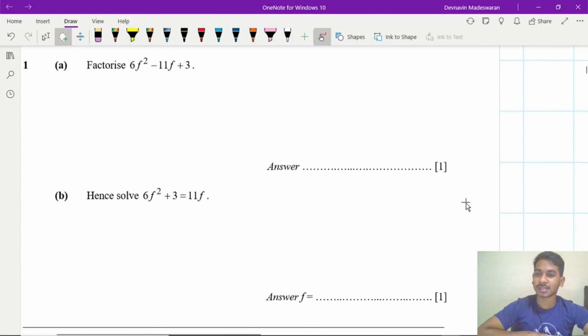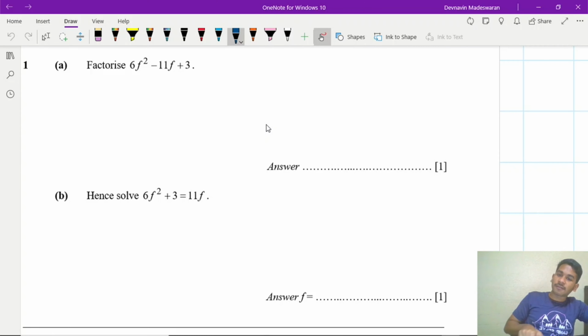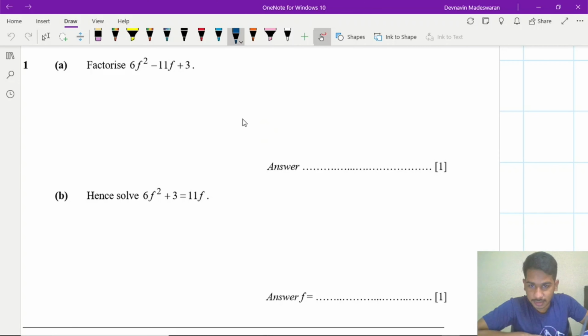First question, factorization. It's 1 mark, so we shall try the normal cross method. 6f square minus 11f plus 3. Negative 11f.